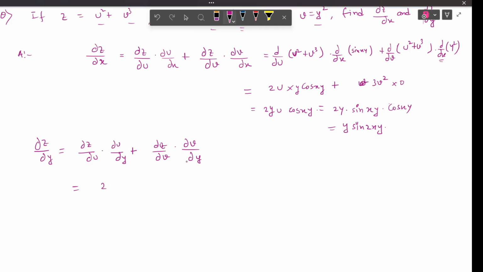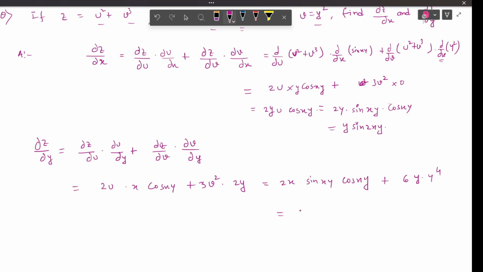So after the derivative, it will be 2u into x cos of xy plus 3v square into 2y. So this will be 2x sine of xy cos of xy, because u is sine of xy, plus 6y v square, and v is y square, so it will be y to the power 4.